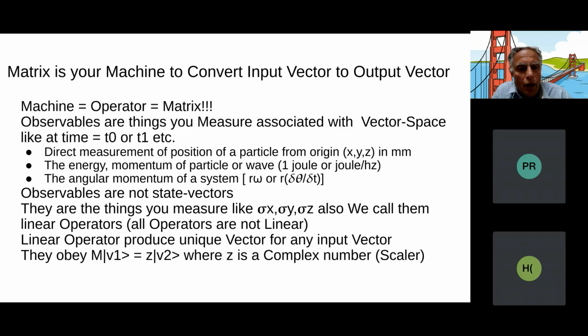Because all operators are not linear. There can be non-linear operators, but a linear operator will always produce a linear output, and that output is interpretable in terms of what we call eigenvalues, as plus or minus one for example, which is what quantum does.